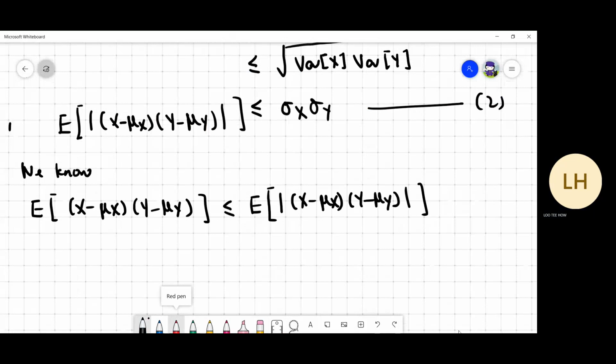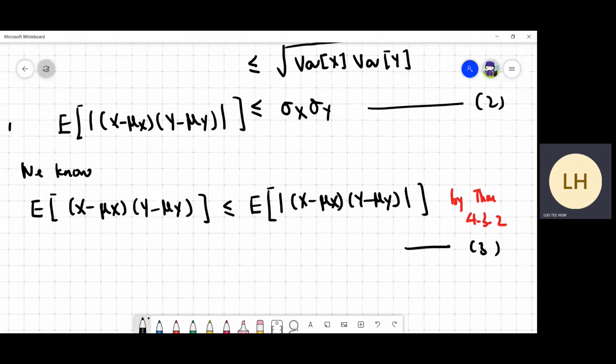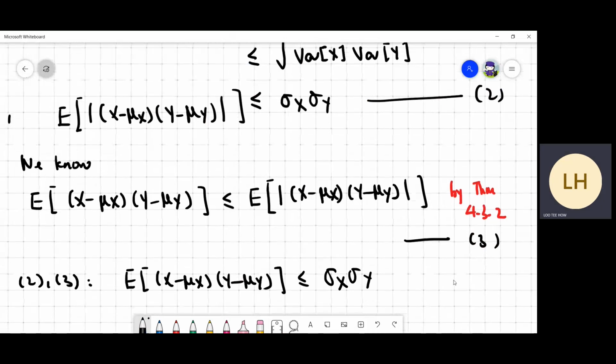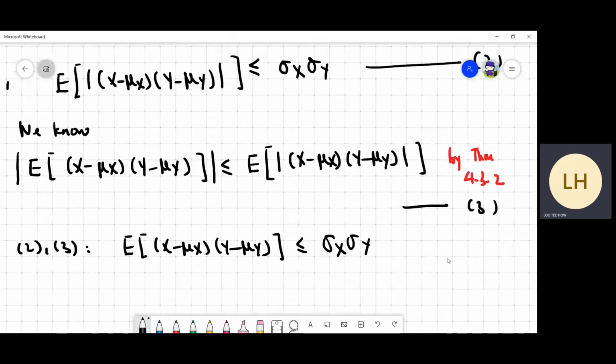Like I said, this is simply by theorem 4.3.2. So this is statement 3. By using statement 2 and statement 3, we have E of (x minus mu x)(y minus mu y) less than or equal to sigma x sigma y. Sorry, we have a modulus over here according to these theorems. So by putting this over here, then we got it.